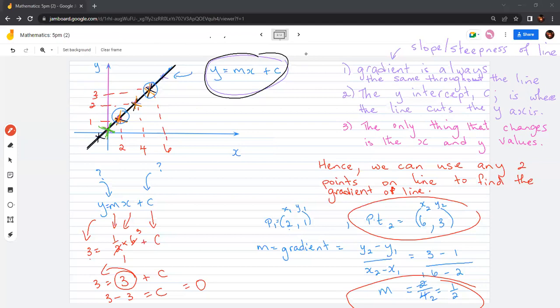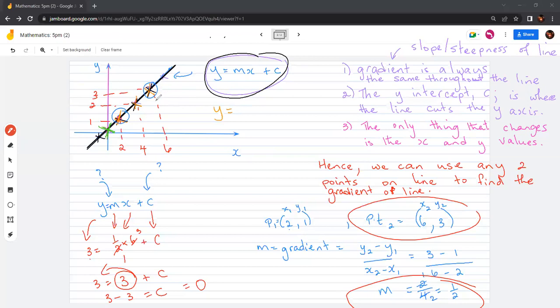Now, what do we do next? I know my value of C. I know my value of m. So all I have to do next, in order to find the equation of this line, remember the y changes. So in the equation, we don't put in the value of y because the values of y and the x change.